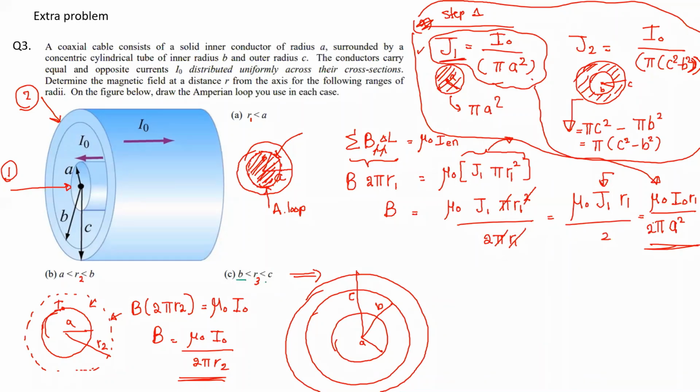They are asking us to find the magnetic field somewhere between B and C. So I'm going to mark an arbitrary Amperian loop inside the donut, and the radius of it is R3.